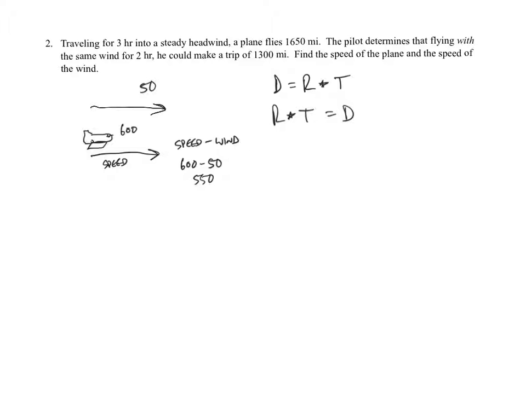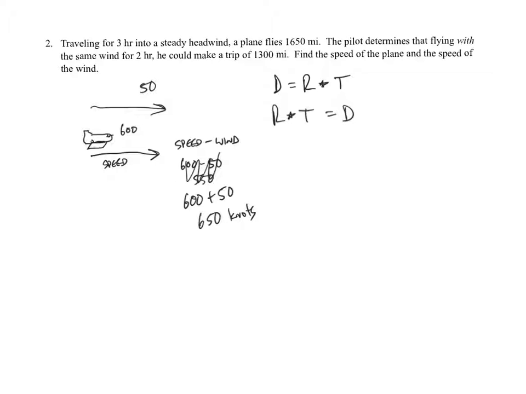That means you're flying with the wind, in other words, the wind is at your back. You add the speed of the wind. So this is going to be 600 plus 50 knots, for an effective speed of 650 knots. So if you're going with the wind, it's speed plus wind. If you're going against the wind, it's speed minus the wind.